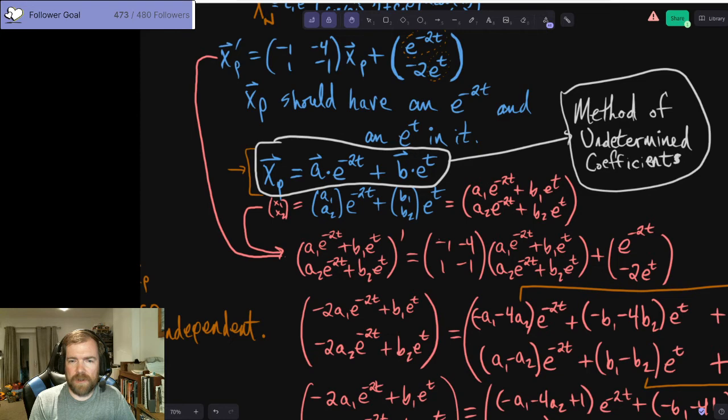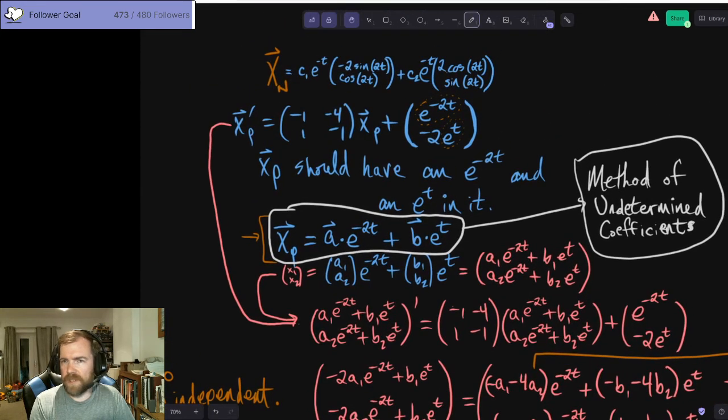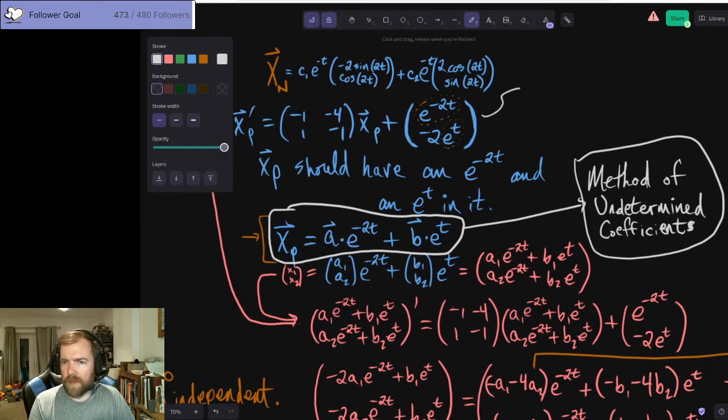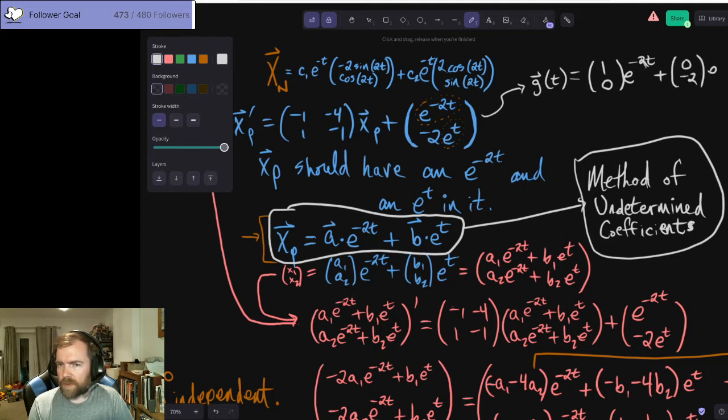There is also another way that we could have said, g of t in this particular case is e to the negative 2t times a vector of 1, 0, plus a vector of 0, negative 2 multiplied by e to the t.